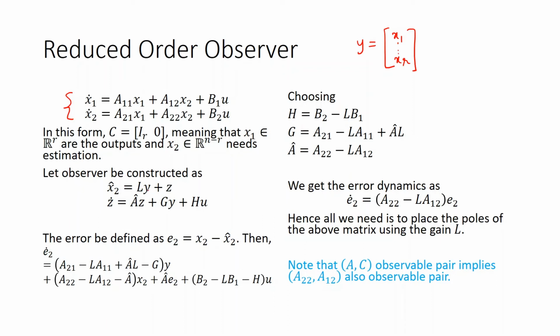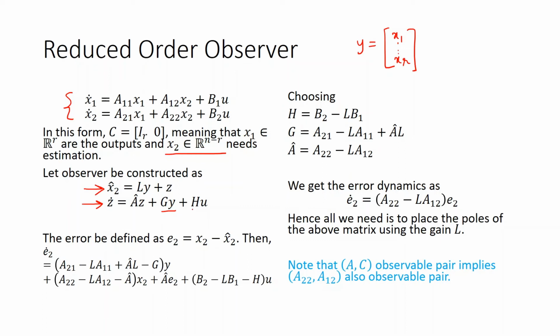So what is the reduced order observer then? In this case you need to only estimate the remaining states. So you define the estimated state x2 hat in this manner: Ly plus z, and you construct the z dynamics in this manner: A hat z plus G y plus H u. So A hat times z, and some matrix coefficients which have to come with the output.